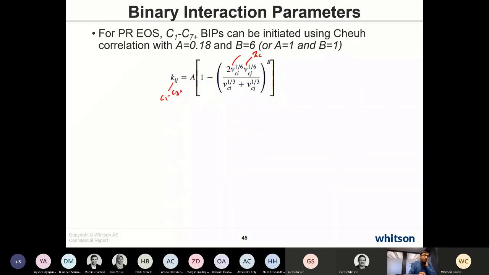That is just an initial estimate, and this correlation gives very smoothly behaving binary interaction parameters for C1 and C7 plus fractions. That is just a starting point for our initial EOS model, and then we see if we need tuning of those binary interaction parameters when we start working on EOS model tuning. That's something we will also see, and we will develop the EOS models in the next session.